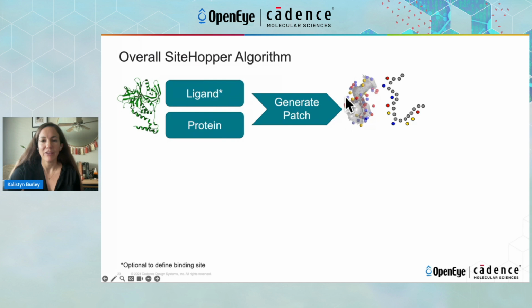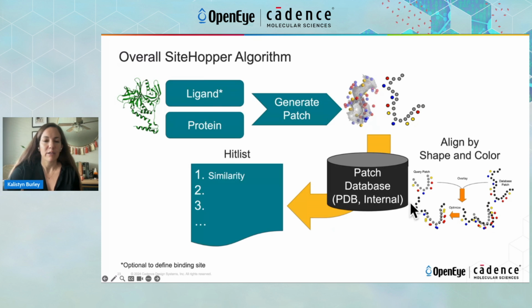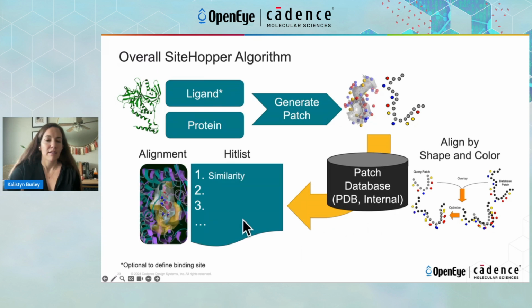We generate a patch from that binding pocket. We align it and optimize that alignment against a number of patches within a query database. And then finally, we score those metrics to get a hit list, as well as return the alignment of those different patches' binding sites with each other.